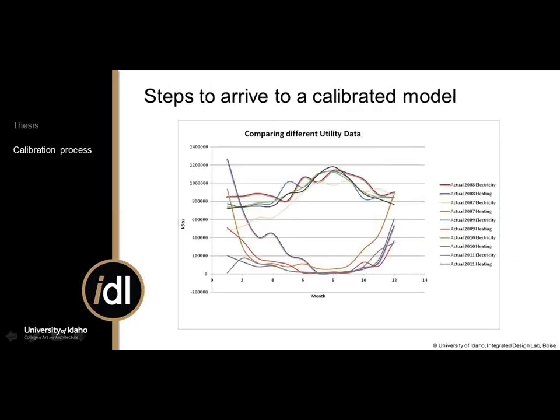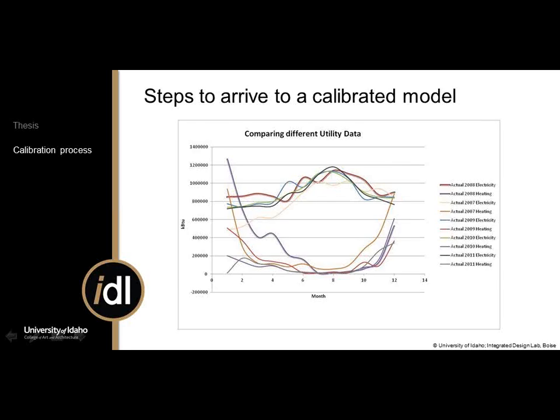So this is where I was talking about calibrating to a year that wasn't going to be too radical in energy consumption. For example, over here, this is where some of their system improvements occurred. So it would be difficult to input that into the model in the simulation.